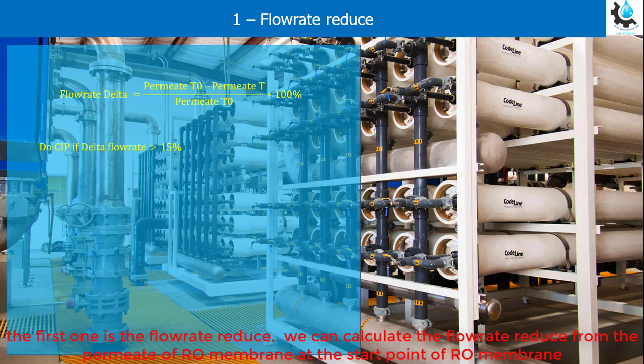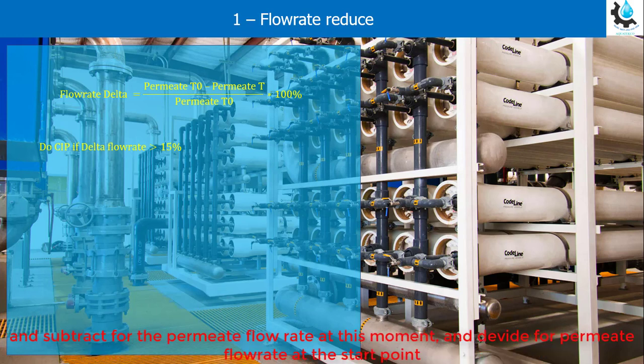The first one is the flow rate reduction. We can calculate the flow rate reduction by taking the permeate flow rate of the RO membrane at the start point, subtracting the permeate flow rate at this moment, dividing by the permeate flow rate at the start point, and multiplying by 100%.